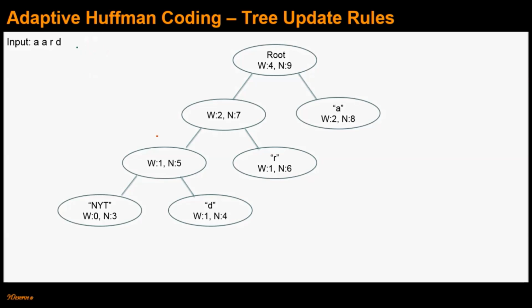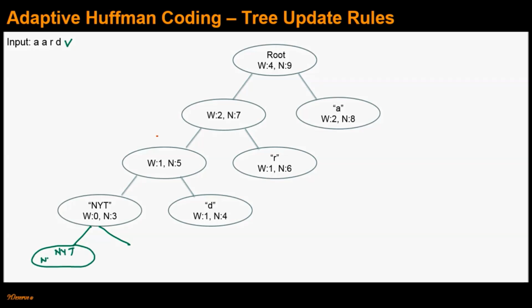Let's say that our next input character is character V. Now because the character V is not present in the tree already, we create 2 nodes out of this NYT node. The left node would be the new NYT node.